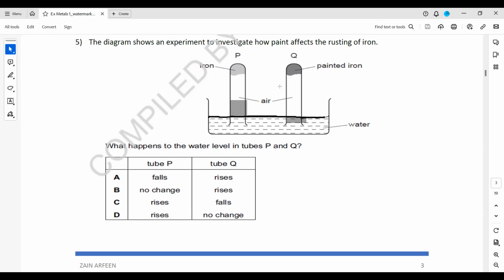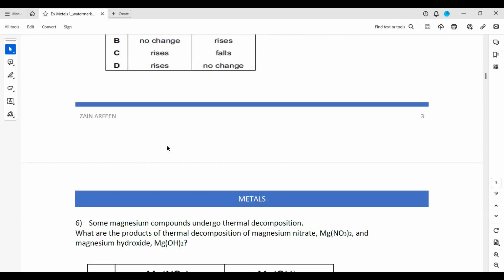That is also correct, but with reference to the question, it's not the point, because it's about the amount of oxygen or air changing, then the water level will change. That's the idea, because the pressure from the air is not changing. So in tube P it will rise because oxygen is used up. For Q, there will be no change.